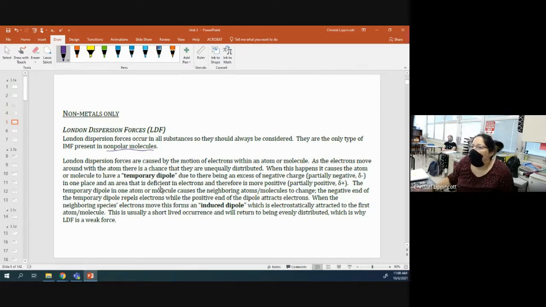We can also have what's called an induced dipole when a neighboring species gets close. So when one of them has this shift and they've got an end here, then they get close to something else, and that's going to cause a shift in the next one.